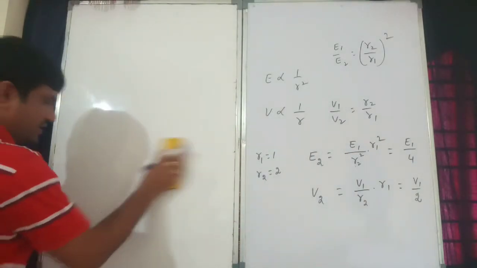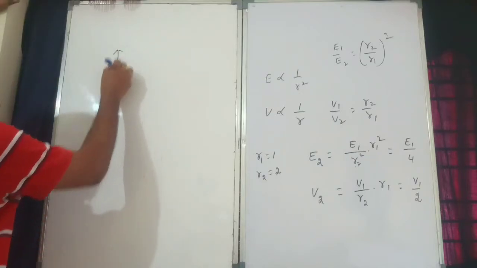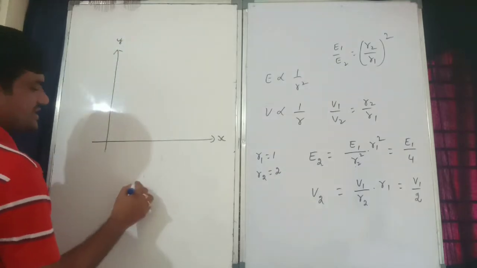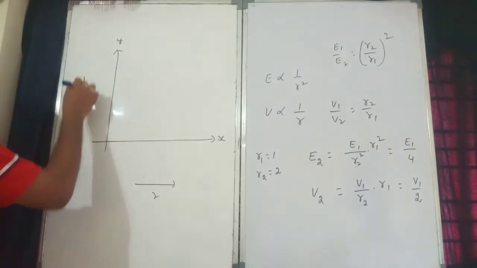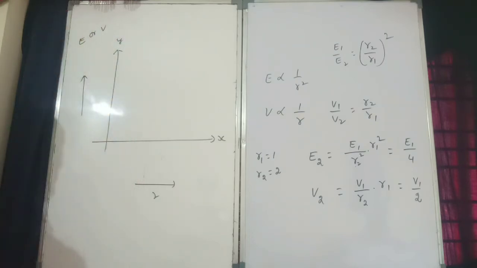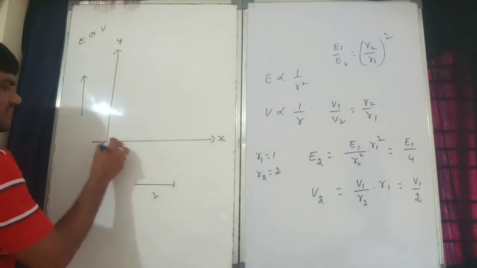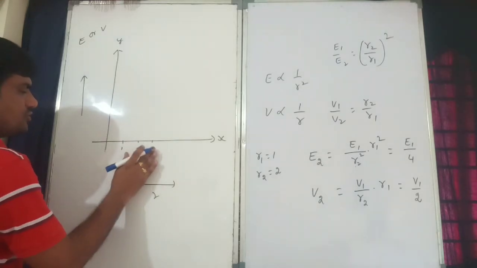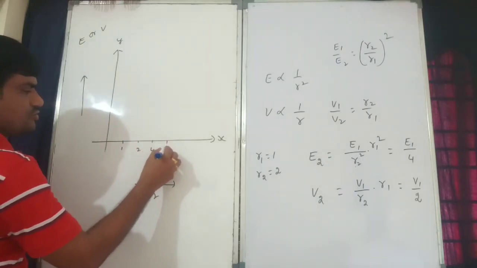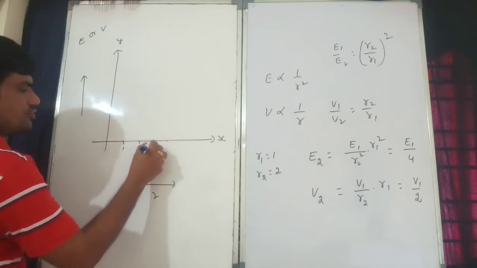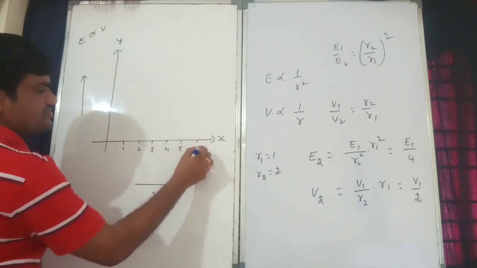That's what. If I draw a graph between E and V and R, along the x-axis I will consider R, along the y-axis I will consider E or V. So for example here, R is equal to 1, 2, 4, 6, like that only.